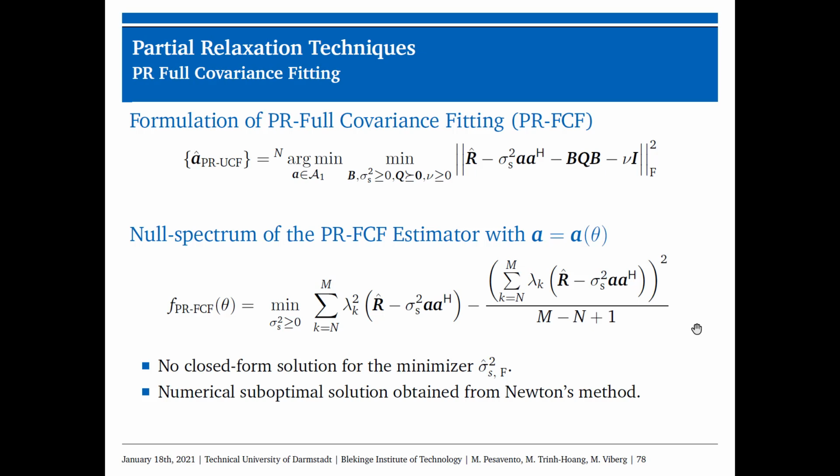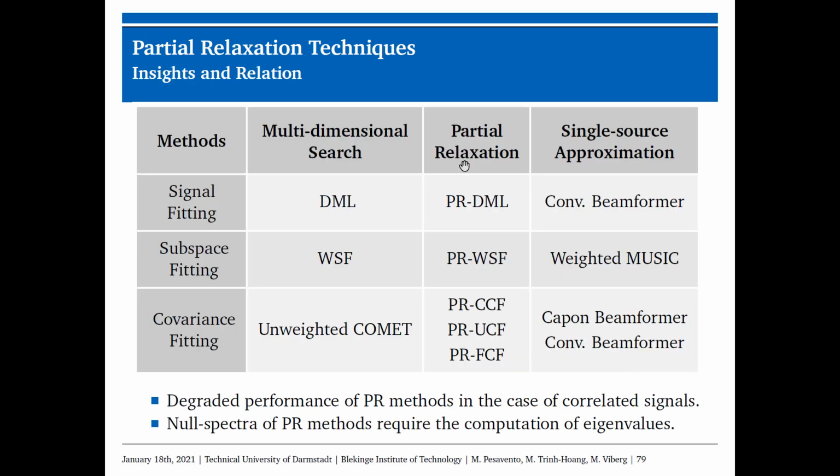Up to now, we have presented a class of novel DOA estimators, the partial relaxation framework. In order to gain more insight into this novel class of DOA estimators, in the following slides we will present a quick overview of the DOA estimators that we have already mentioned in this tutorial and the relationships between them. In the first column, we have the optimal parametric methods that have been presented in the first part of this tutorial. Using different matching criteria, the deterministic maximum likelihood, weighted subspace fitting, and covariance matching estimators are derived.